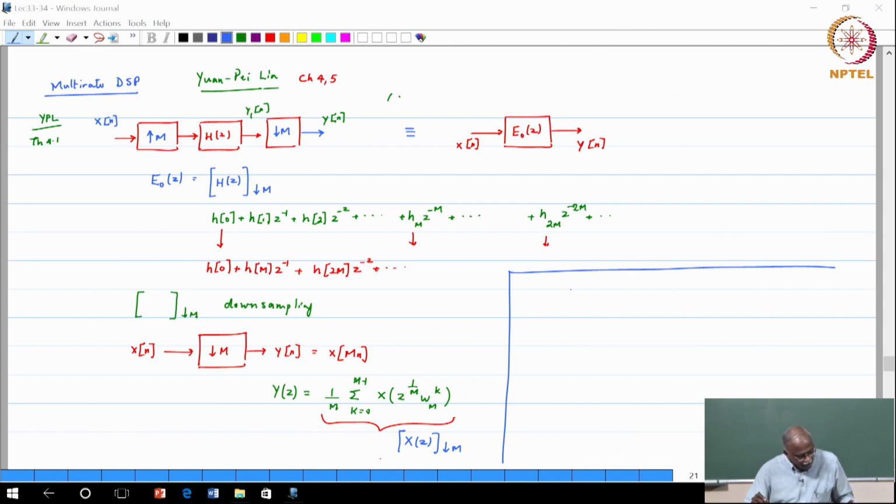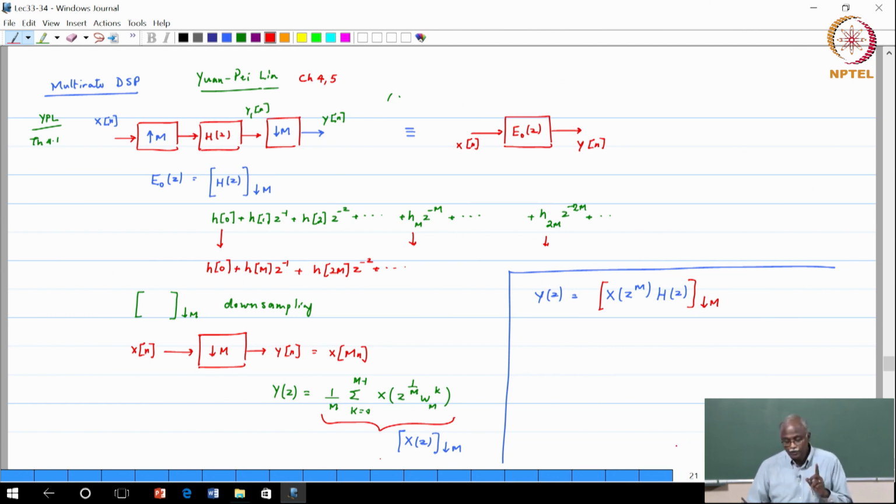Y of z is equal to x upsampled, z raised to the power m, followed by h of z, then downsampled. Under normal circumstances you would have the summation, all of those things coming up. Now, I am going to introduce the notation downsampled by a factor of m.